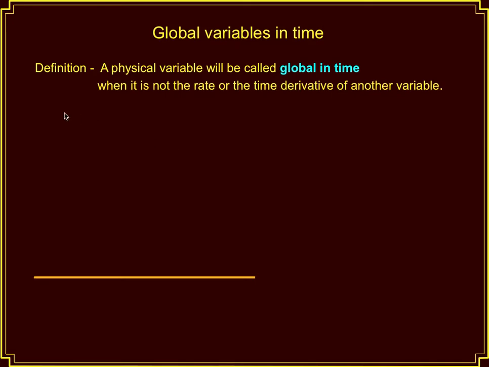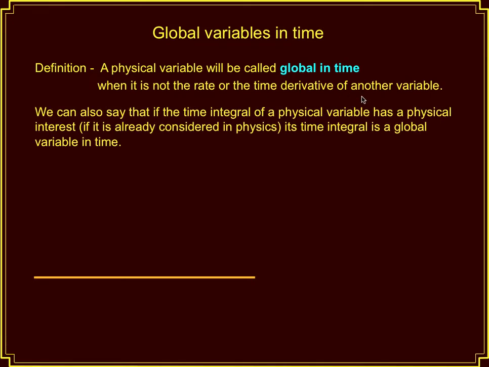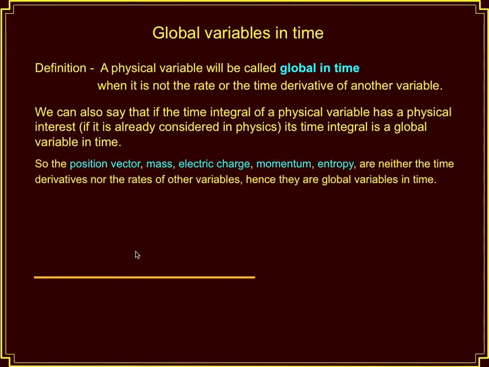Global variables in time. A physical variable will be called global in time when it is not the rate or the time derivative of another variable. We can also say that if the time integral of a physical variable has a physical interest, if it is already considered in physics, its time integral is a global variable in time.